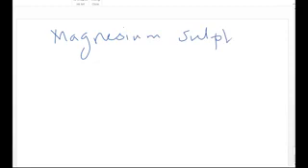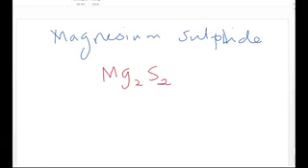Now, can anyone give us the chemical formula of magnesium sulfide? Mg2S2. Again. Mg2S2. Now, Mg2S2, these two can cancel out.